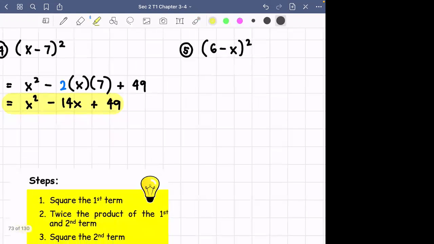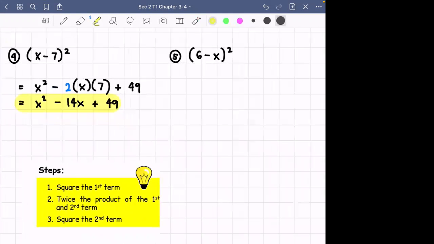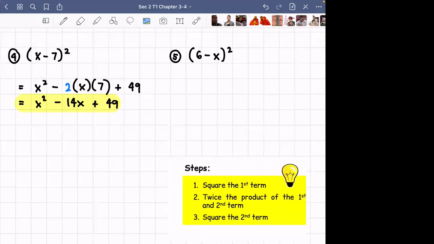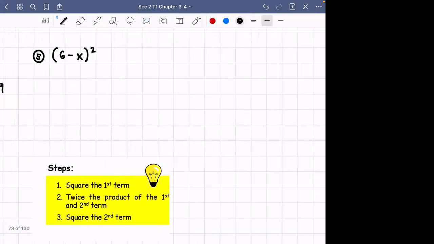Okay, let's have number 5. For number 5, we have 6 minus x, squared. So the same steps. Square the first term, which is 6. 6 times 6 gives you 36.